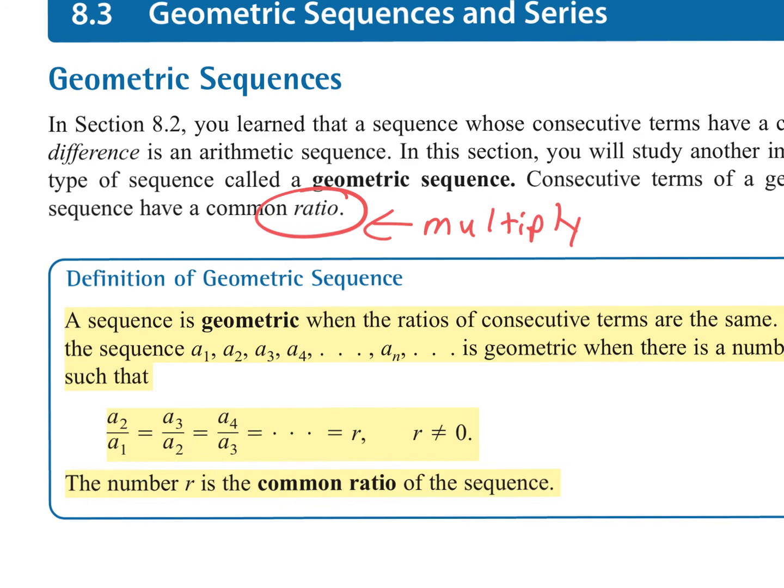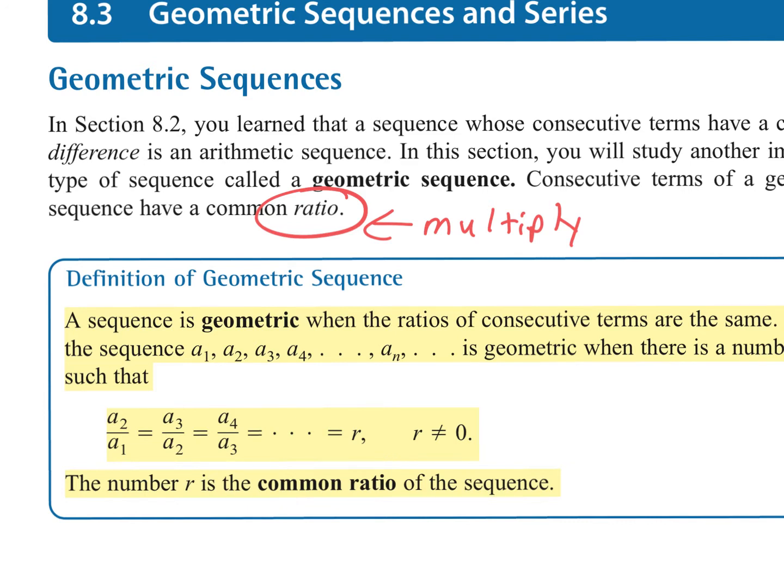If I want to multiply a number and make it smaller, what do I multiply by? A fraction. Very good. So if you see that something goes from like 12 to 6 to 3, you're not dividing by 2, you're multiplying by what? By a fraction, which would be 1/2, okay?